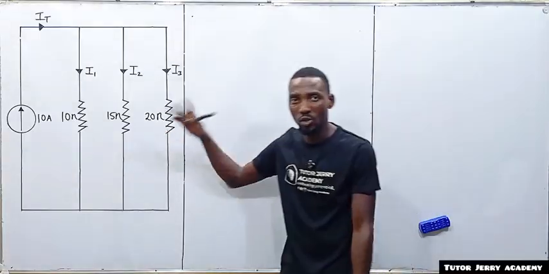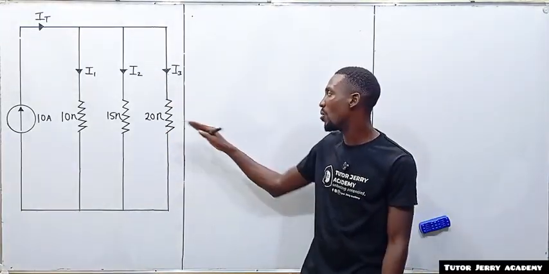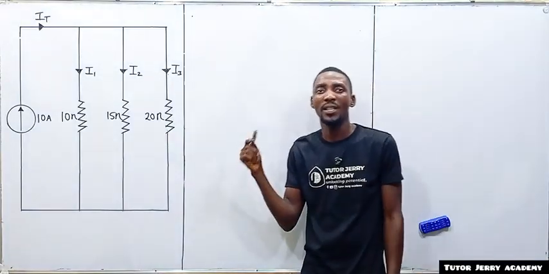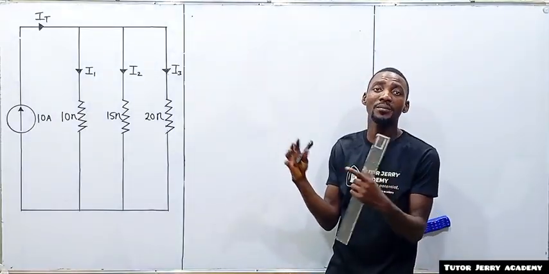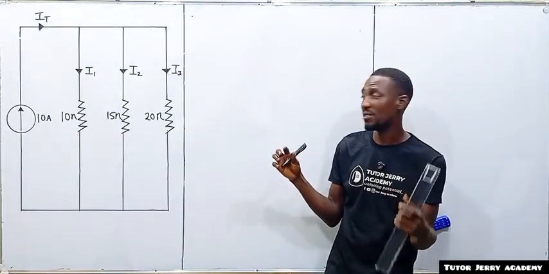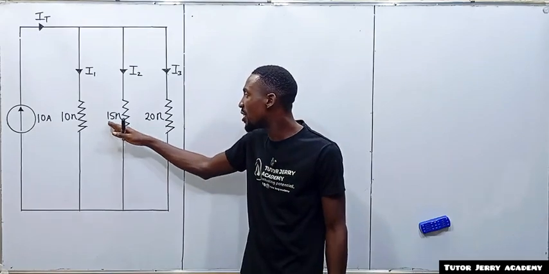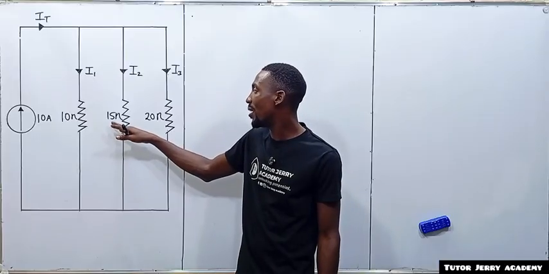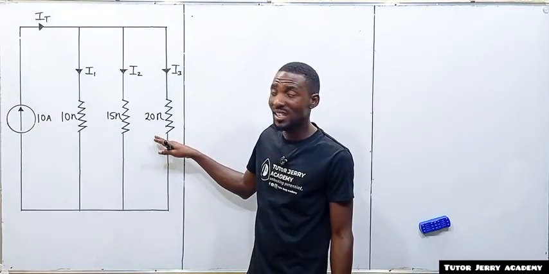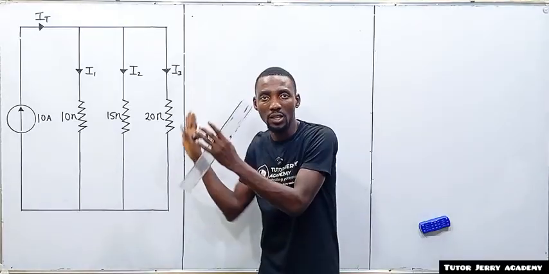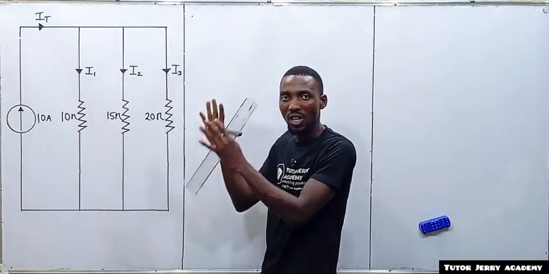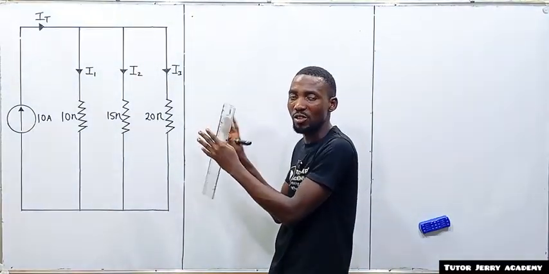You still recall how to bring two parallel resistors into their equivalent resistance. So this is going to be 15 multiplied by 20 divided by 15 plus 20. That is how to convert these two resistors to their equivalent form.